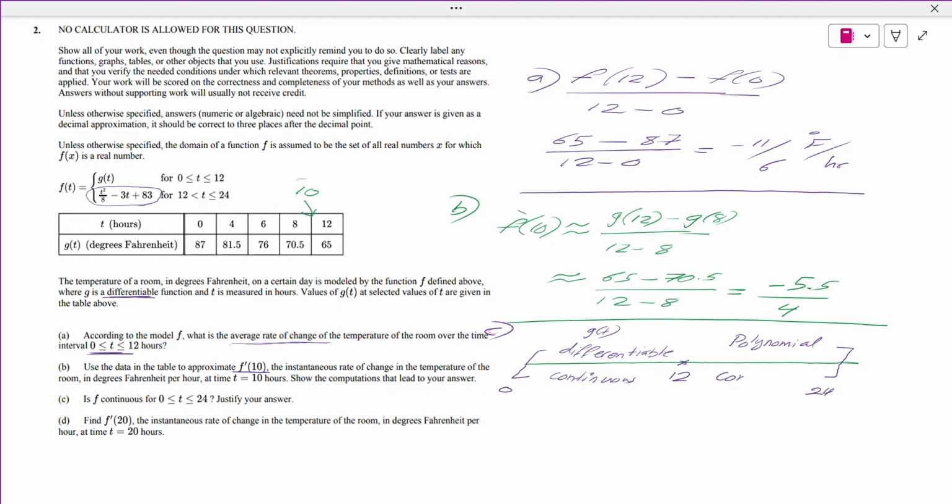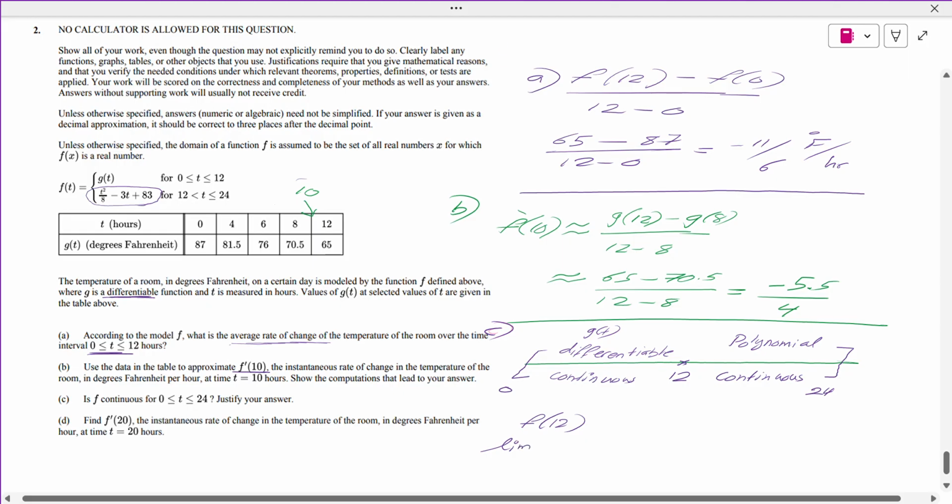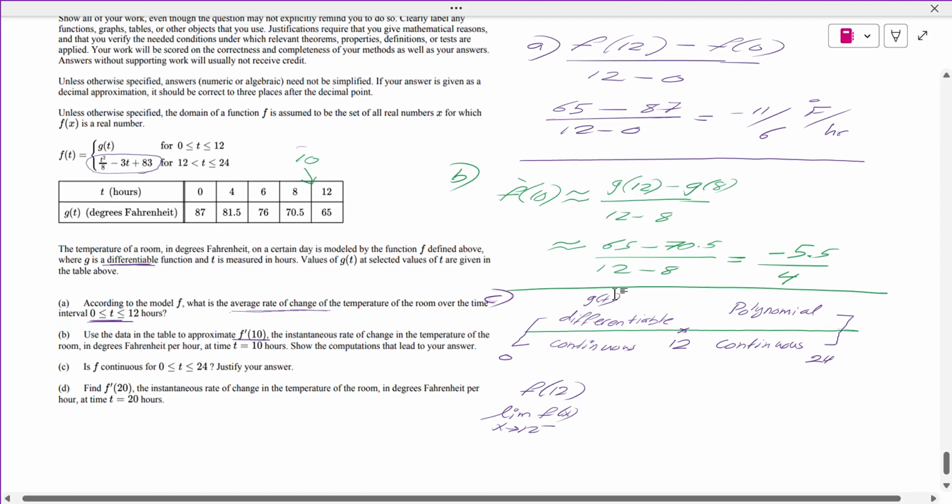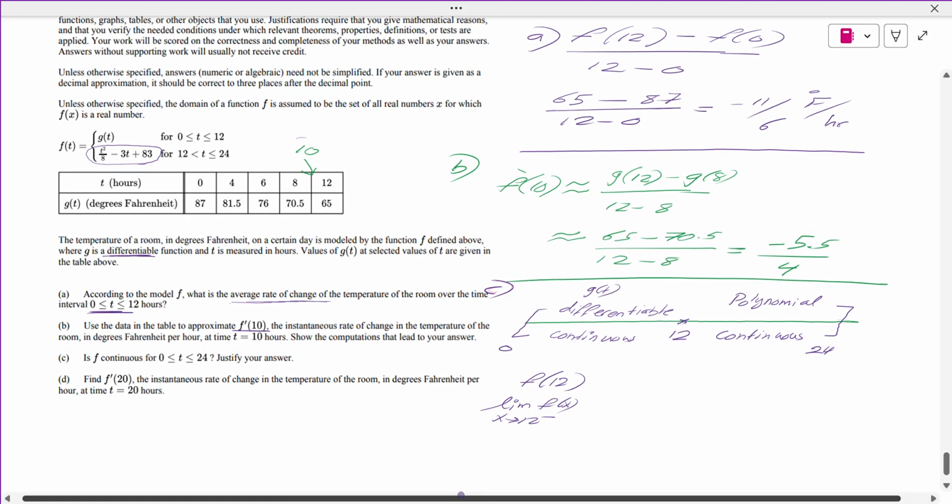That means it is continuous. So it's continuous from 0 to 24, but we need to check at 12. Now, what is f of 12, and what is the limit of f of x as x approaches 12 from the left? Now we are checking the continuity at 12, and the limit as x approaches 12 from the right.